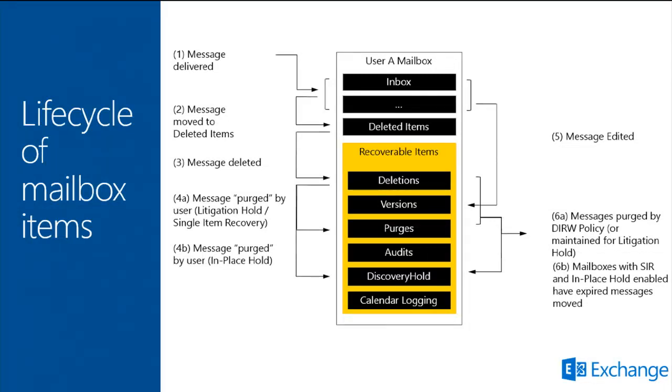Hold is something you control for litigation, either indefinitely or as long as your litigation is going to last. Or the typical retention scenario of 7 years, I want to hold all email, irrespective of whether the user deletes it or not. Okay, so that is our immutability story, and it's all held in place. It's all with the native metadata of the item. Nothing is going outside of Exchange.